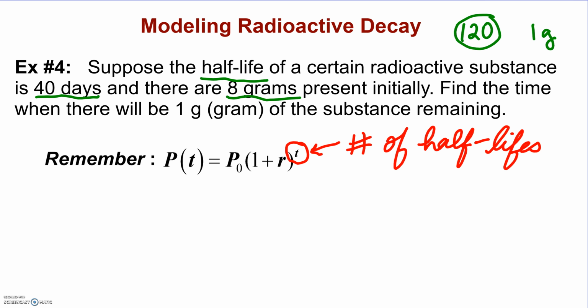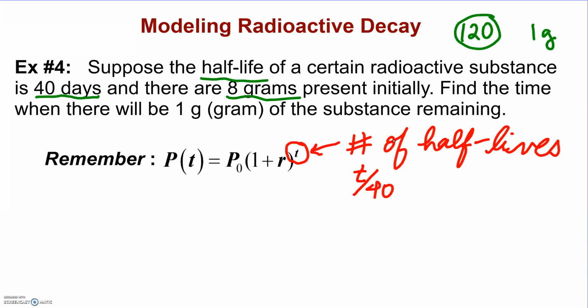Actually, I should have said half-lives there. There we go. Number of half-lives. And that's always just time divided by the half-life. So for example, here you have a 40-day half-life. So in our case, we're going to put in T over 40. That is the number of half-lives.